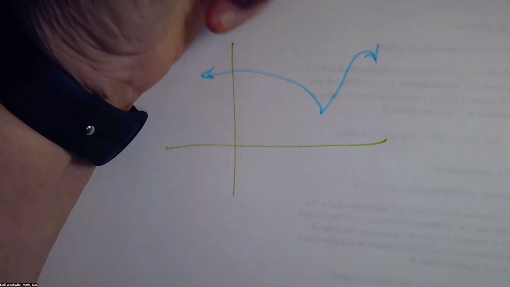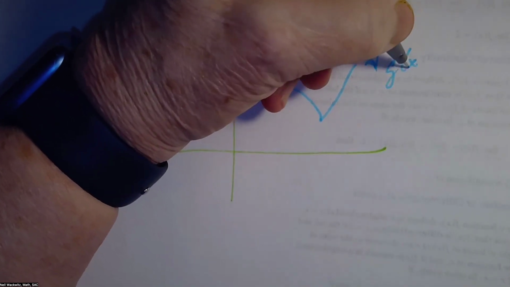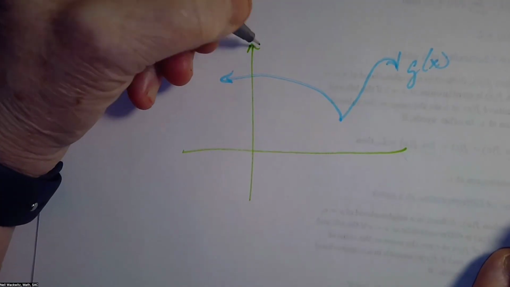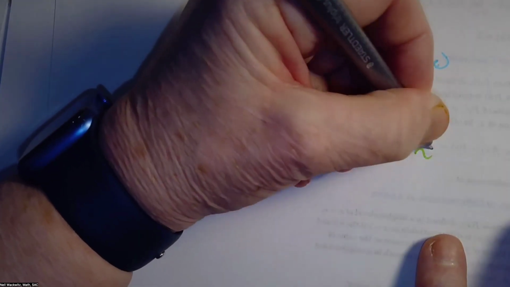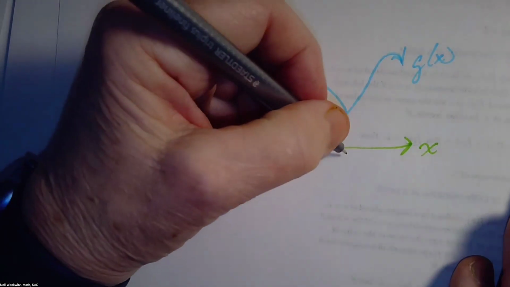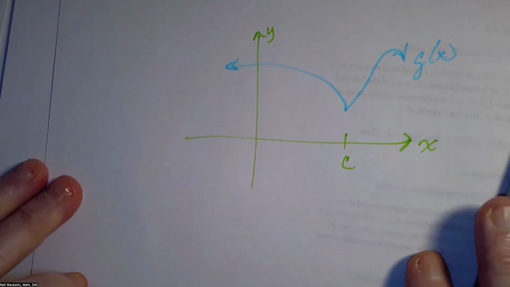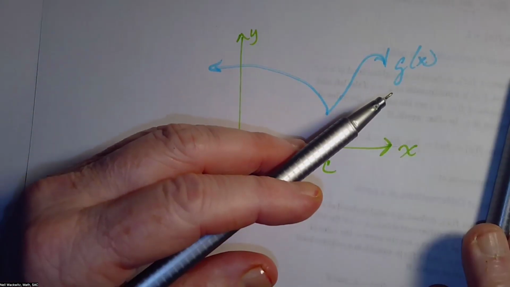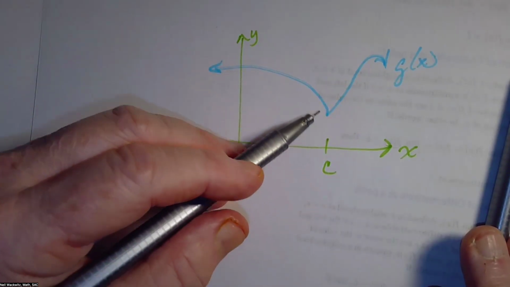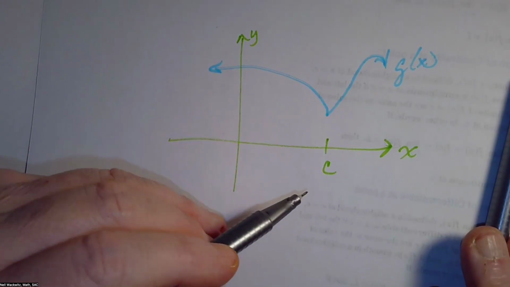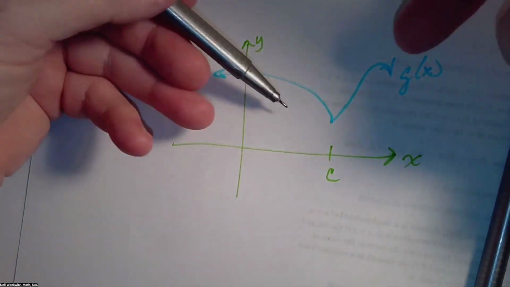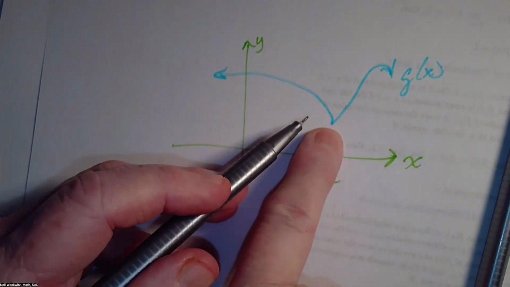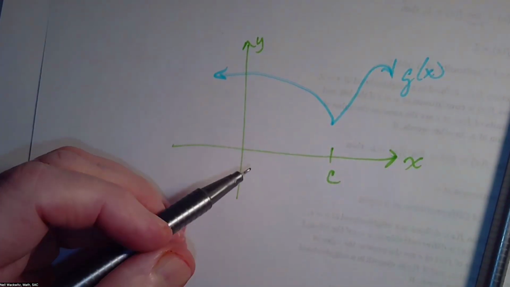So here's a function. Let's call it g of x. And here is our value c. This function g of x is definitely continuous at c because we're approaching the same value from the left to the right, and the value right at c is also that same number.